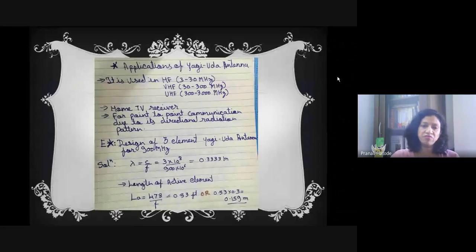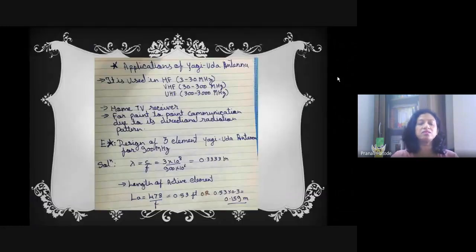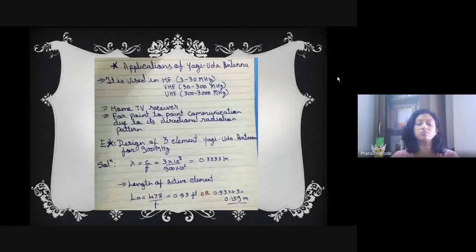Point to point communication is, again, as I told you earlier, very long distance communication in which satellite antennas and earth station antennas are involved and are supposed to communicate with each other, or some antenna which is locating a particular target, some minute, small target.